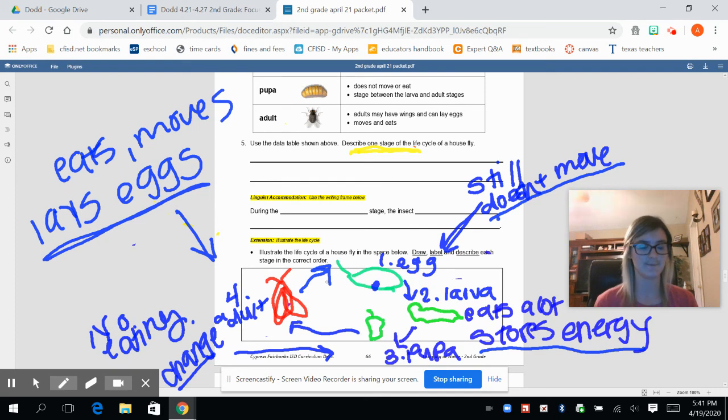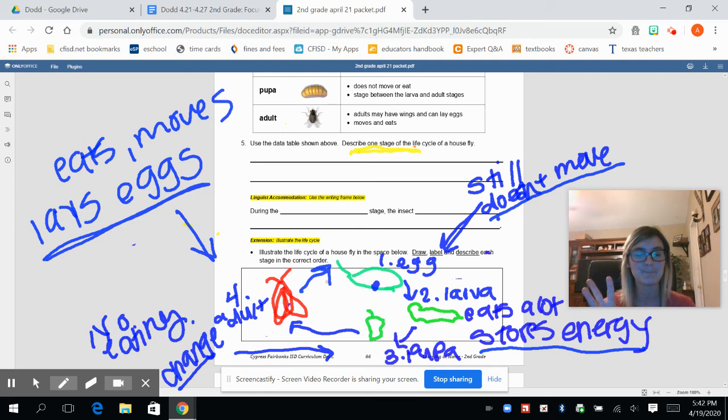So in review, bugs or insects go through what? A life cycle. So during the life cycle, we have stage 1, where there's an egg and it doesn't move. It's just in there, waiting to hatch. We go to stage 2, that's the larva. That's where the bug eats and eats and eats, so it has all this energy to get ready for the next stage.